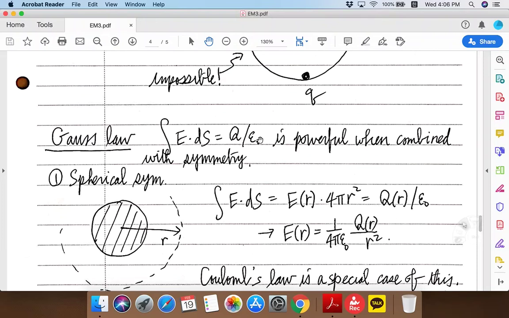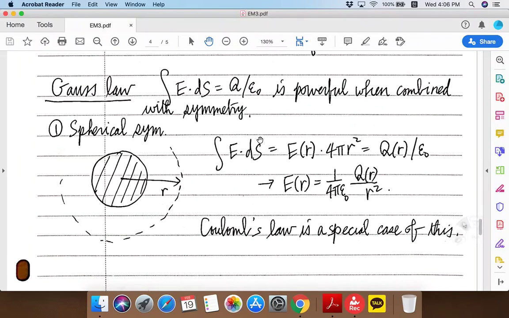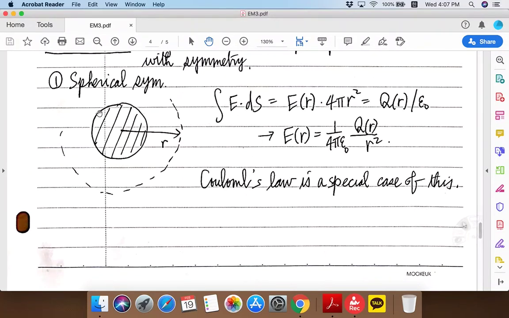A good example, as we know, is the situation where the distribution of charge has some spherical symmetry. So here I denote with a shade some spherically shaped ball with some charge inside.